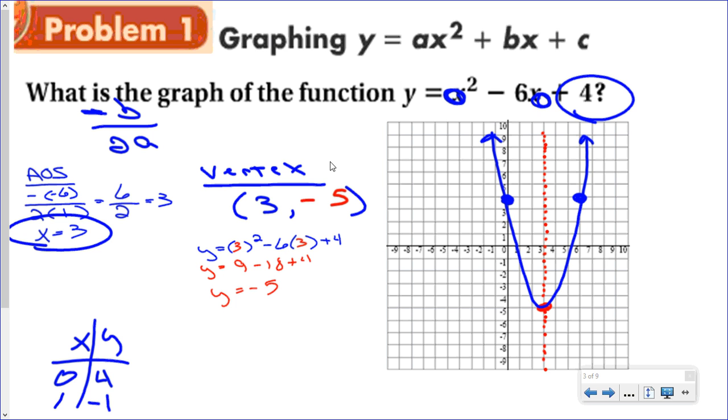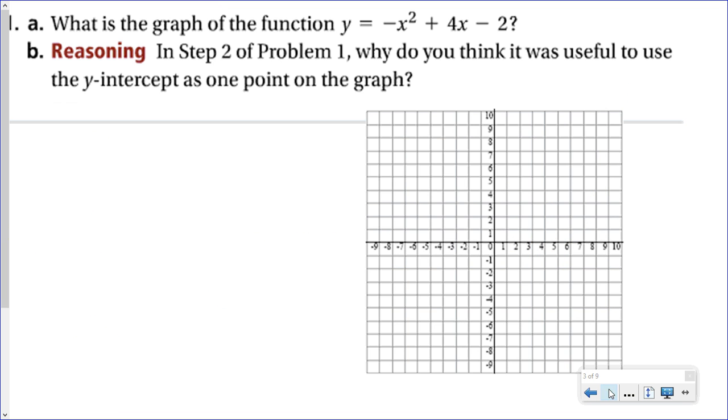And here's the point 1, -1. So it'd be to the right 1 and then down 1. So actually it worked really well. Then you mirror it over and there's the other one. So yeah, they fall right into place with this graph. Okay, so we just need this written down, the original formula, or the original equation.